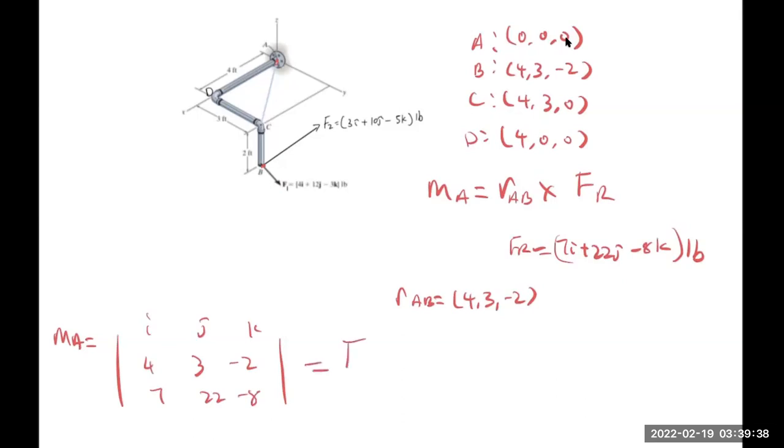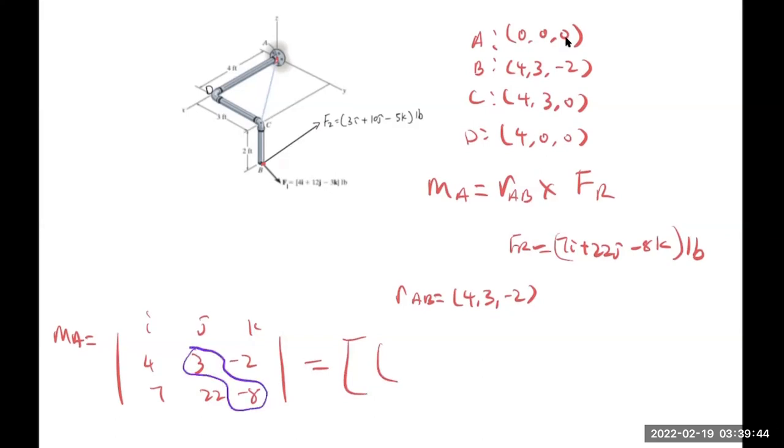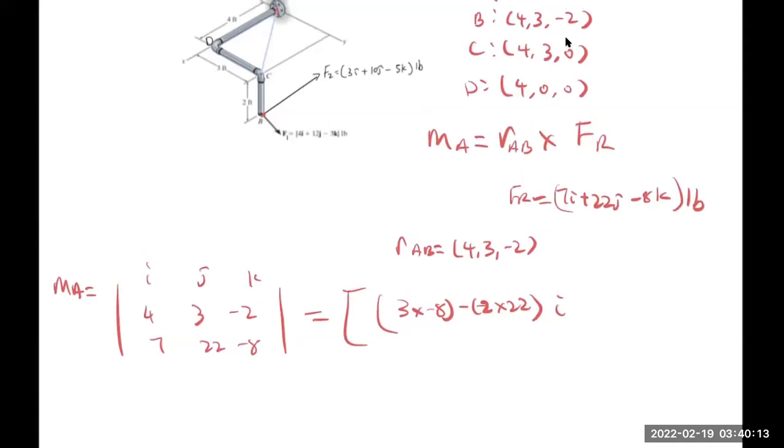Okay, that's equal to, so what's my i? My i will be 3 multiplied by -8 minus -2 multiplied by 22. Because what we did is cross out the row where i is, and cross out the column where i is, and we only consider those 2 parts. That's i. And then for j, we know that we always want to have a negative sign for the j.